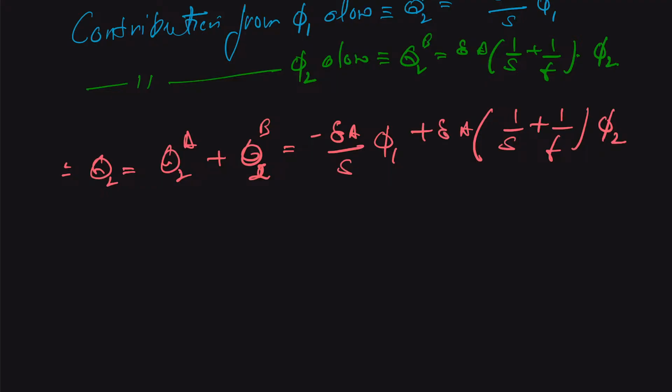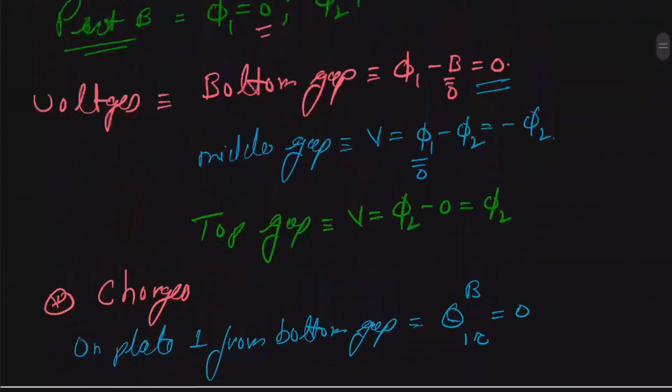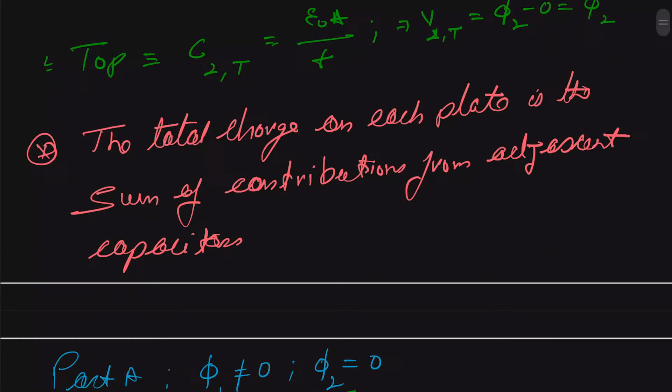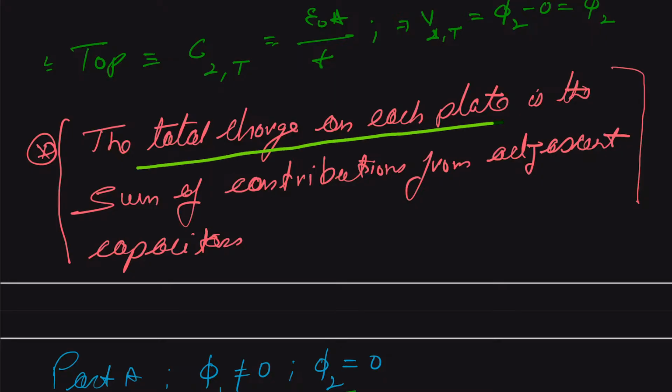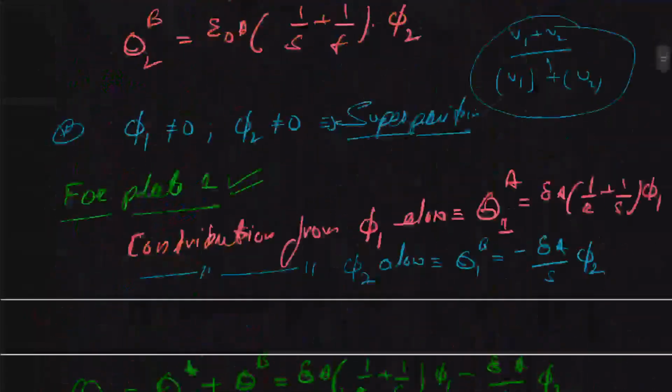So this gives us the charge on plate 1 as well as plate 2, and this entire calculation was based on only one statement: the total charge on each plate is the sum of the contributions from the adjacent capacitances. This is an important statement with respect to capacitance.